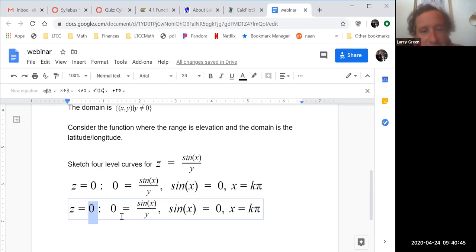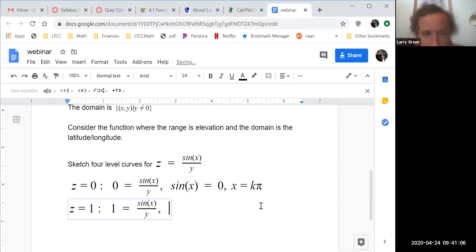We'll do z equals 1. That works. Then now all of a sudden, we have a more interesting equation. It's not just a bunch of vertical lines.